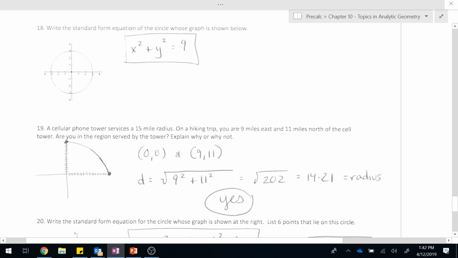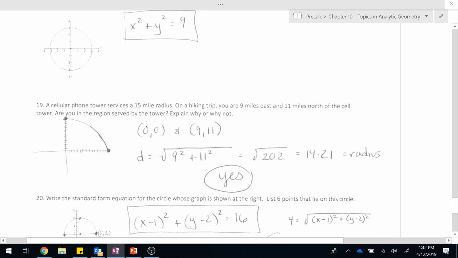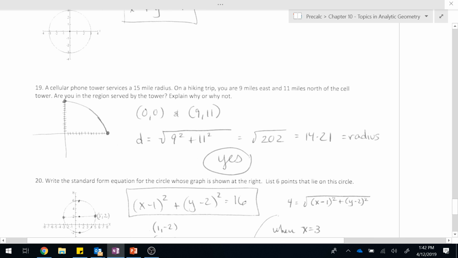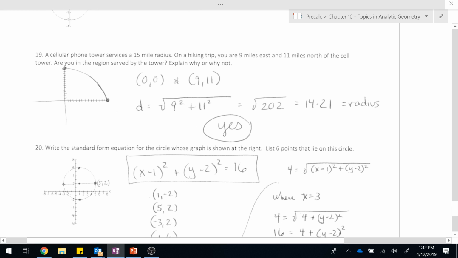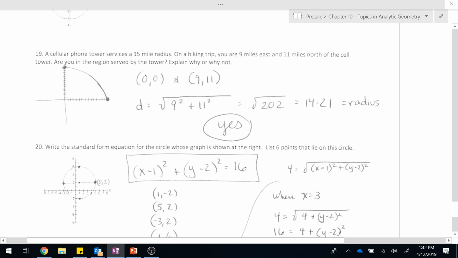19, oh, this is a very practical problem here. Can I get cell phone service when I'm out on a nature hike? When I'm unplugging from electricity and all of the technology to go out in the wild blue yonder, can I still get my cell phone reception?